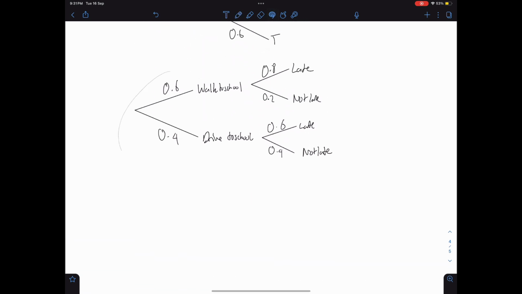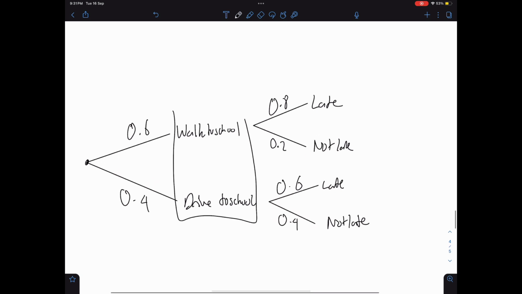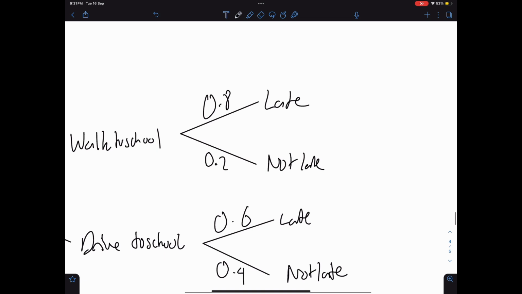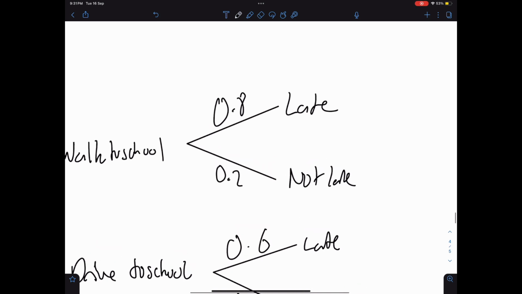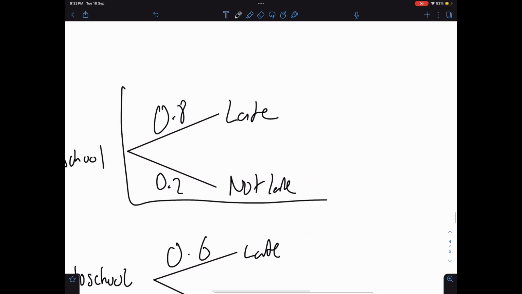I'll just go over how we look at tree diagrams here. So here what I've done, this is a good example. We start from the start, then we do all the possibilities. So I've written out walk to school and drive to school. On the branch, before the event, I write the probability of the event. After that, we assume we're walking to school, that's already happened.